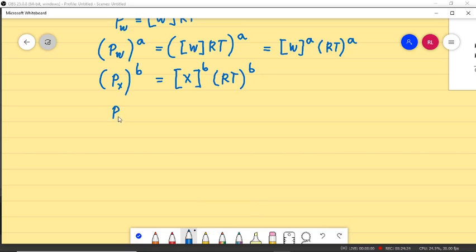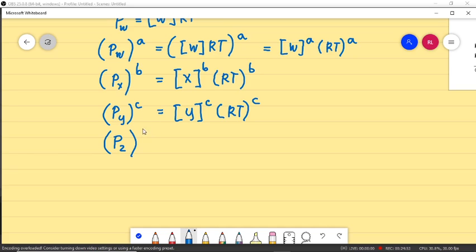The partial pressure of gas Y raised to the power of C is equal to the concentration of gas Y raised to the power of C times quantity RT raised to the power of C. And then for gas Z, it is still the same: the concentration of gas Z raised to the power of D times quantity RT raised to the power of D.